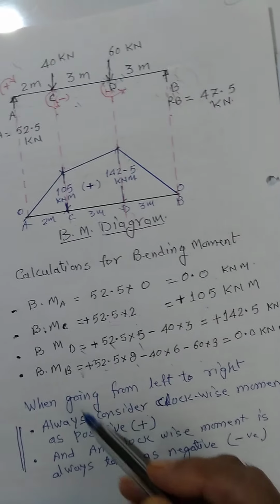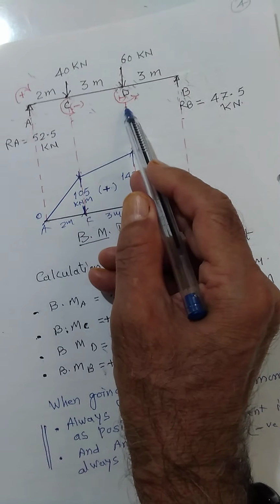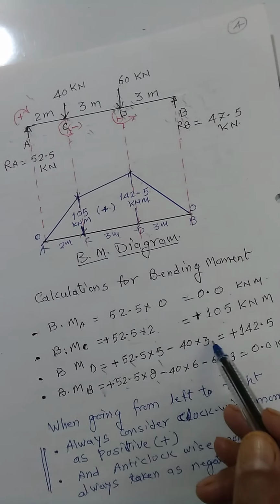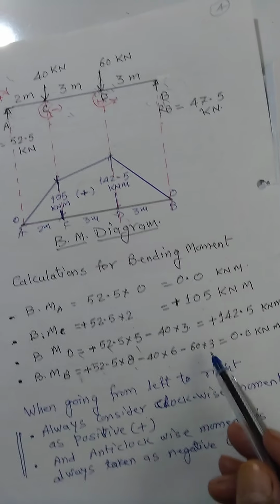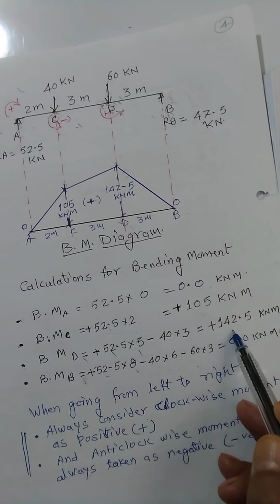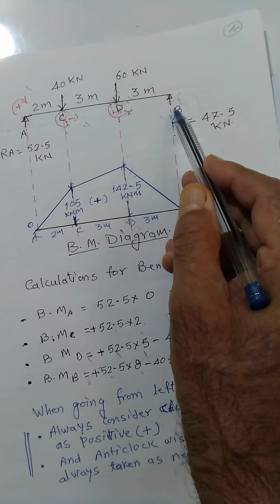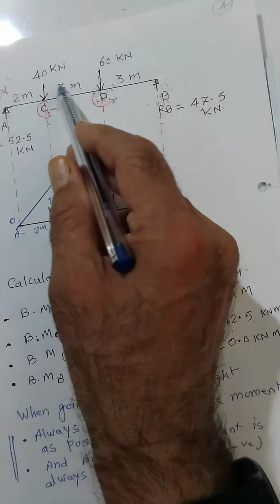So we can find the bending moment at D is equal to 52.5 into 5, that is 2 plus 3, clockwise, minus 40 into 3, 60 into 0, and you will find the bending moment at D will be equal to 142.5 kilonewton meter.